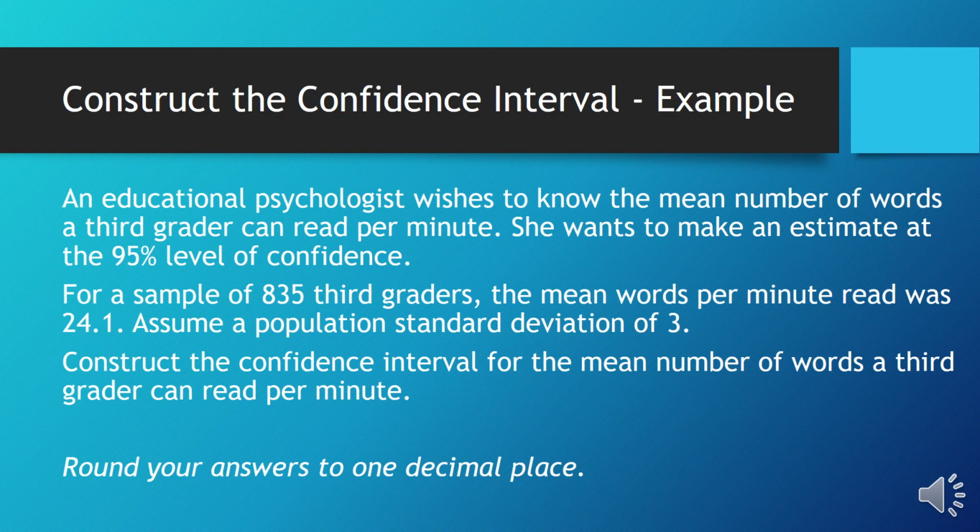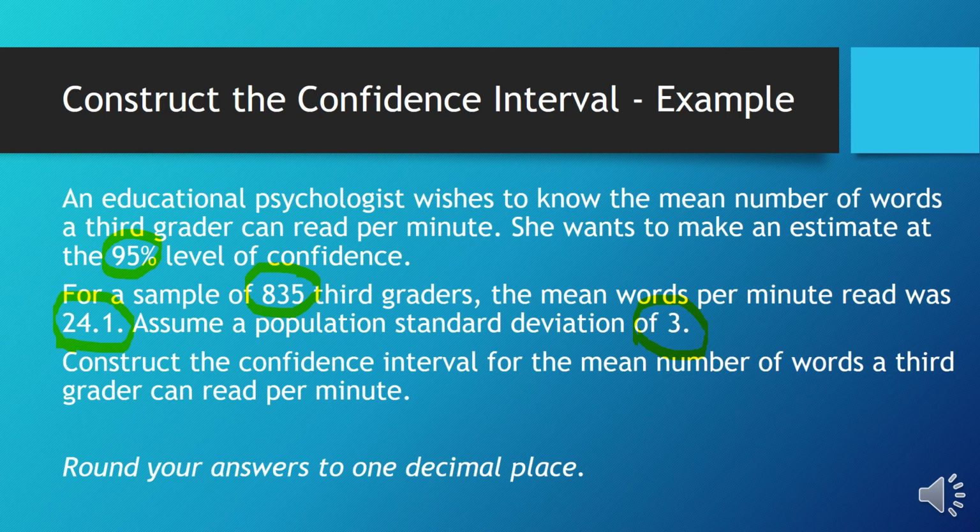Okay, so a couple of important things here that we should remember. See that we have a 95% level of confidence. Our sample size is 835. Our sample mean, x bar, is 24.1. And then our population standard deviation, that sigma, is 3.